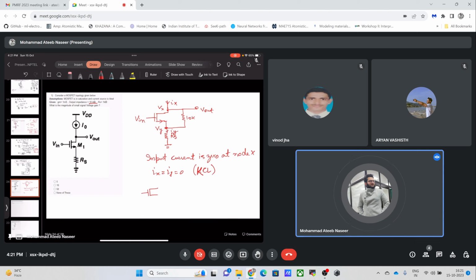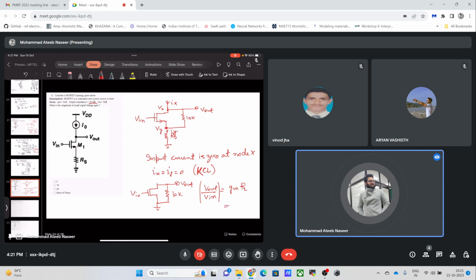Now this circuit will simply look like this. It would simply be this MOSFET, which will have some output resistance associated with it, which will be 10k. This will be the V out, and this is our V in. So the magnitude of V out by V in will simply be equal to gm times this RL value.